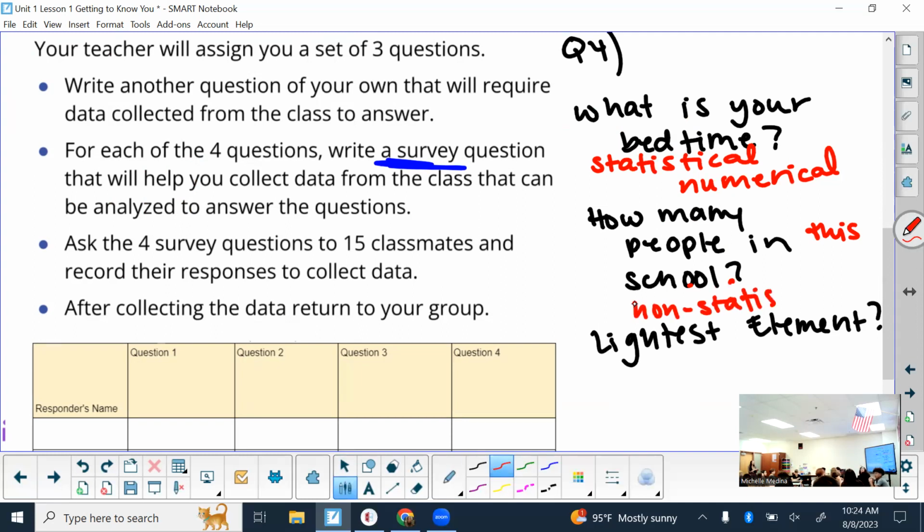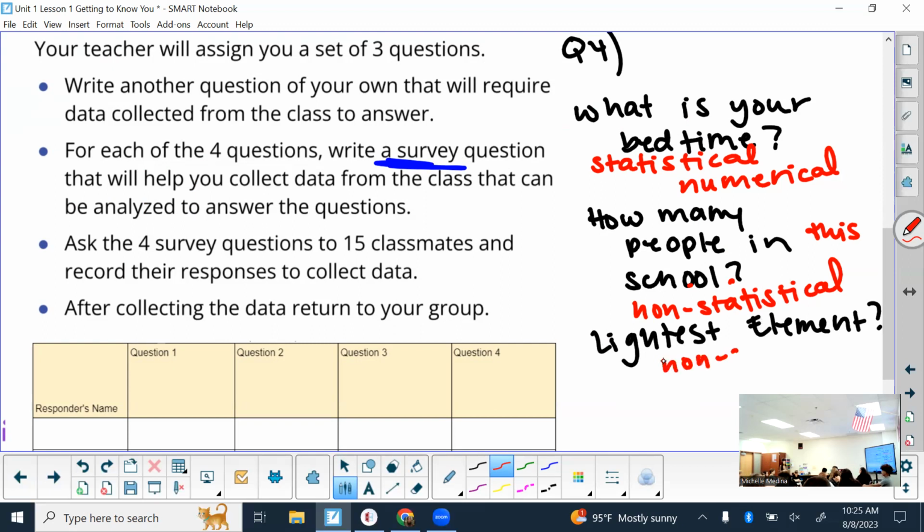All right, and the last one, which was like one of your number 3, is asking what the lightest element is. Statistical or non-statistical? I should see way more than just one hand up. Here's one of the ones we talked about. If I ask you, what's the lightest element? Is that statistical or non-statistical?